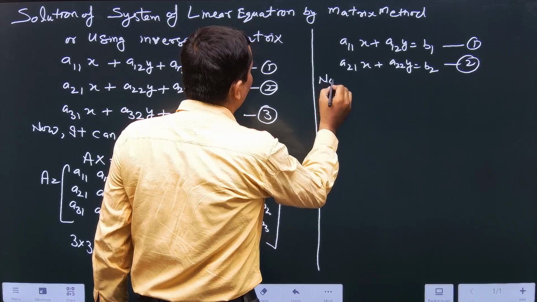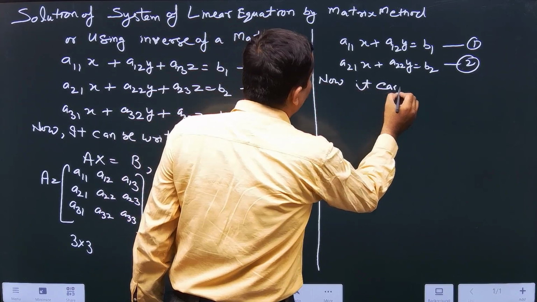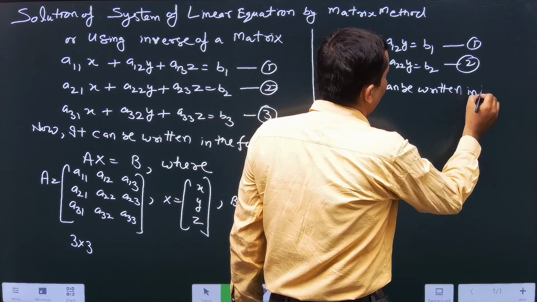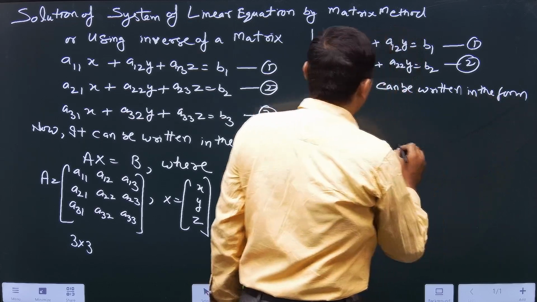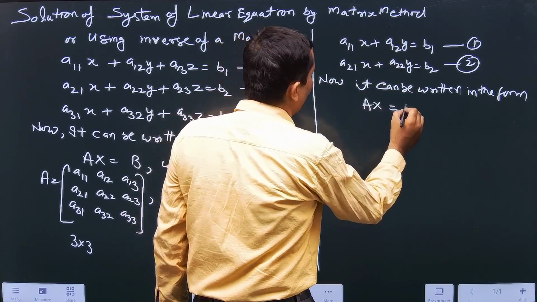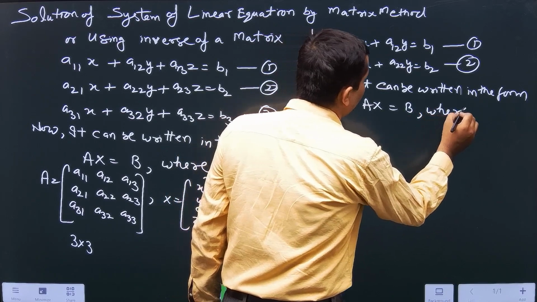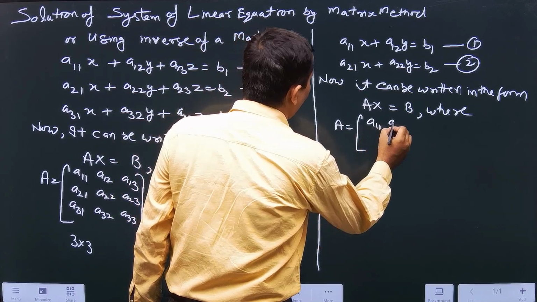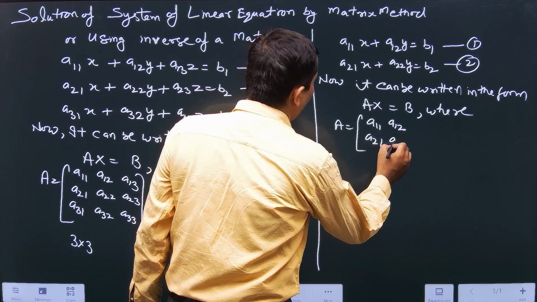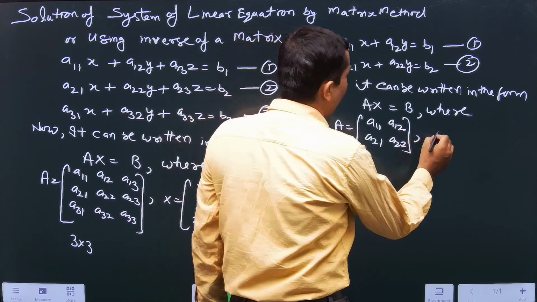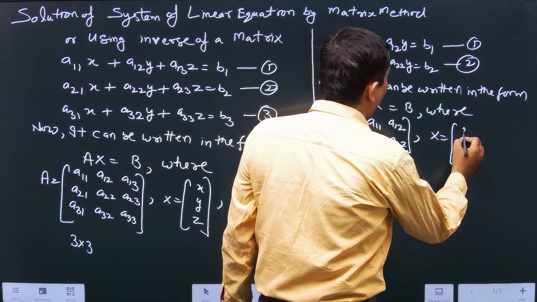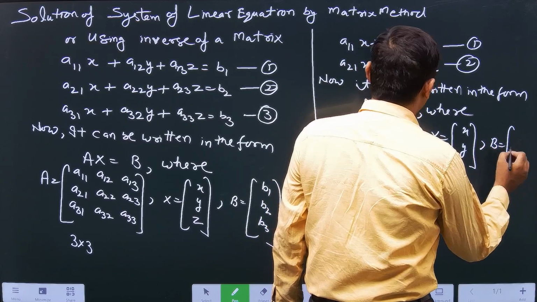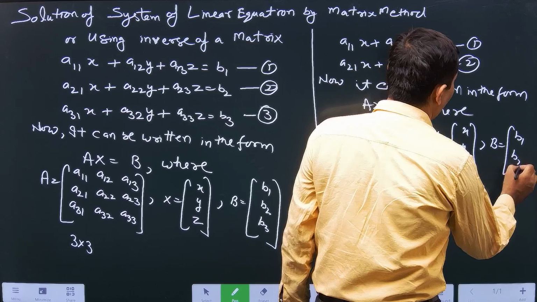And now it can be written in the form AX is equal to B, where your A is a11, a12, a21 and a22, and your X is x and y, and your B is b1 and b2.